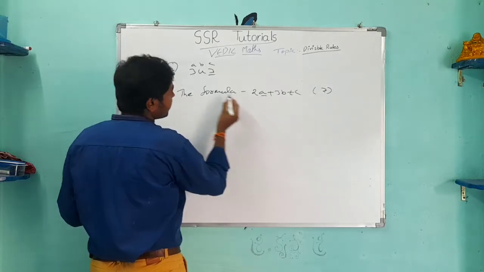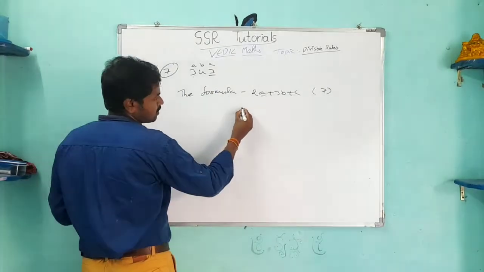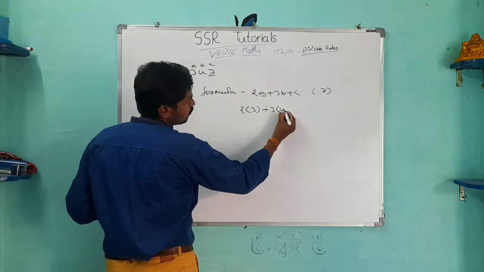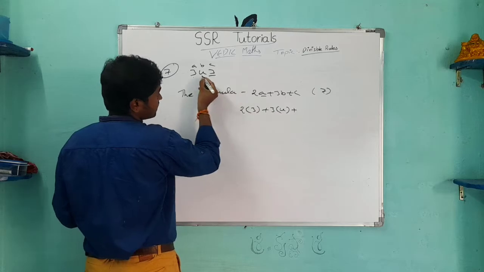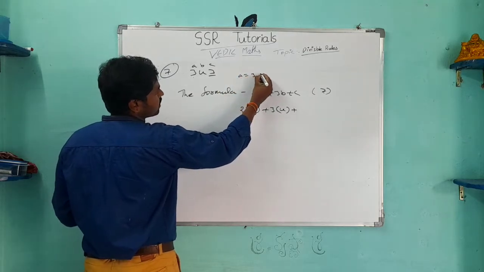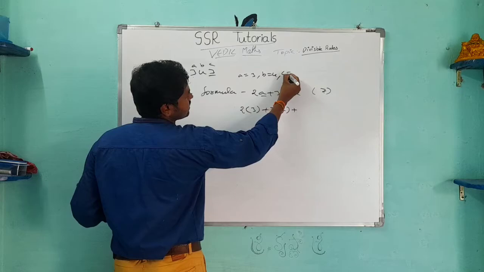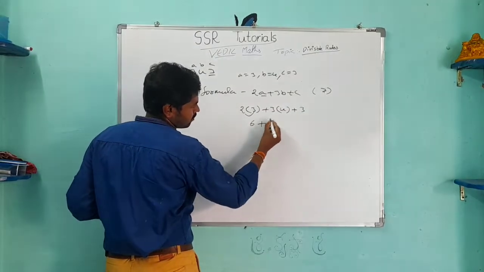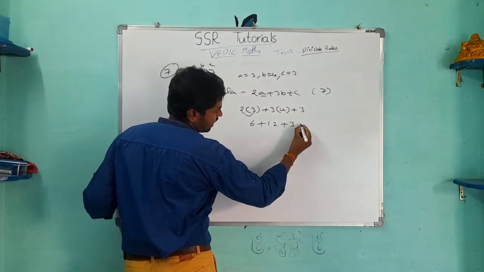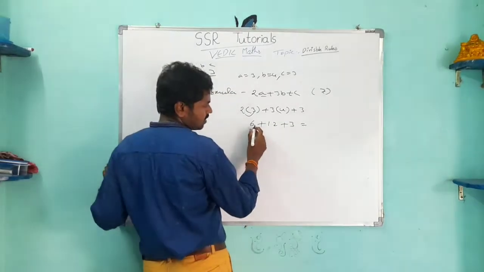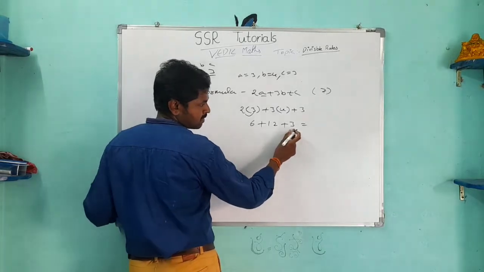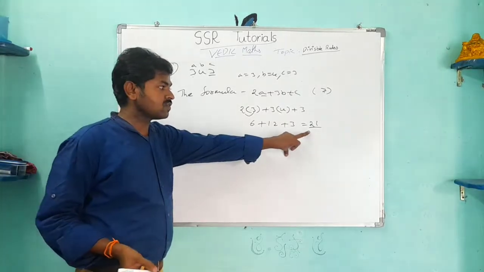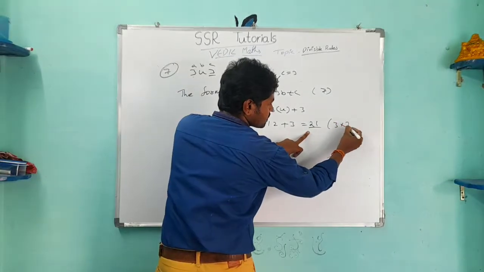What is the meaning of A? It is the digits of the number we take. Suppose 2 times 3, 3 times 4, plus C. Put the values: A equal to 3, B equal to 4, C equal to 3. 2 times 3 is 6, 3 times 4 is 12, then add: 6 plus 12 is 18, 18 plus 3 is 21. 21 is 3 times 7.